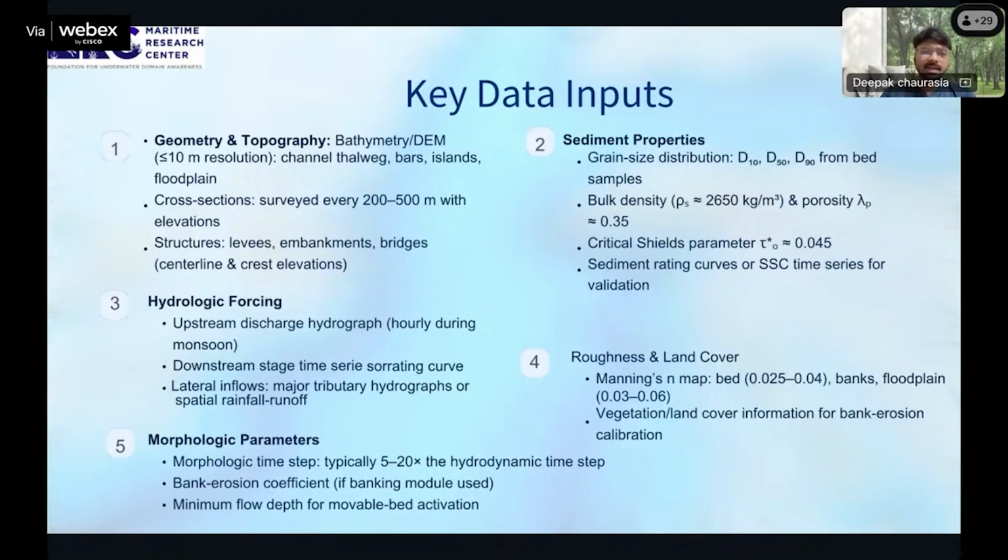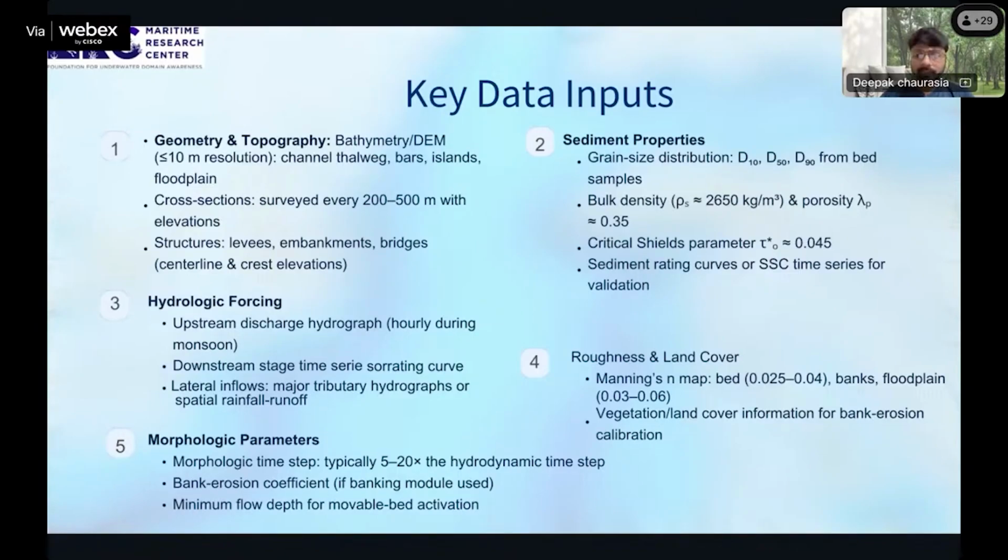And here is the key data that we are going to need for our modeling. First, geometry and topographical data. Second, hydrological forcing data, morphological parameters, and sediment properties like grain size, bed sample, bulk density and critical shear parameter.